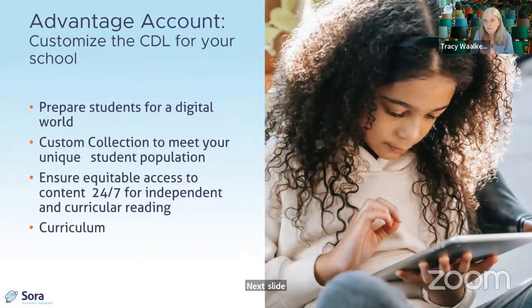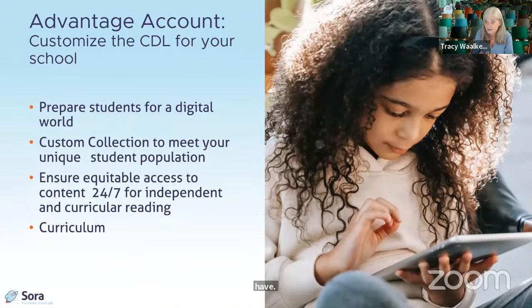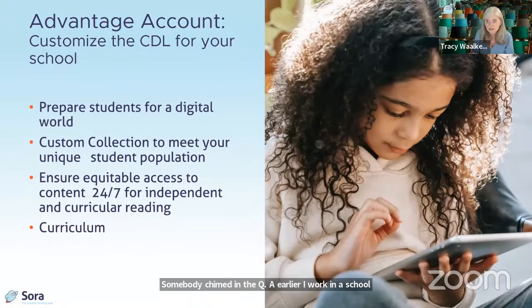One of the really wonderful opportunities that we will have, what I've mentioned a few times, is customizing it for your school. Somebody chimed in the Q&A earlier: I work in a school that's bilingual Russian. Do you have Russian content? Yes, we do in the Citywide Digital Library, already there, along with many other languages.